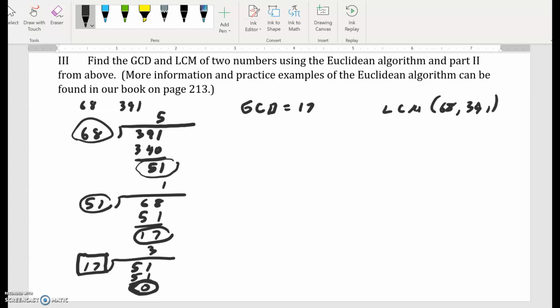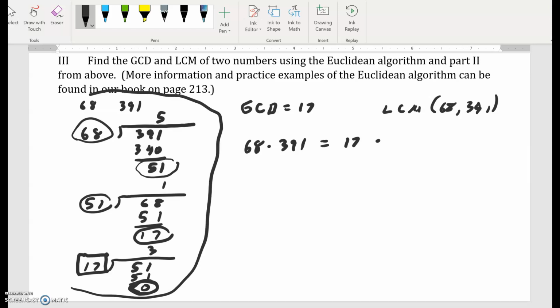Well, we use part 2. Part 2 said that the two numbers multiplied together, 68 times 391, has to equal the greatest common divisor of the two numbers, which we just found out is 17 using the Euclidean algorithm, times the least common multiple.